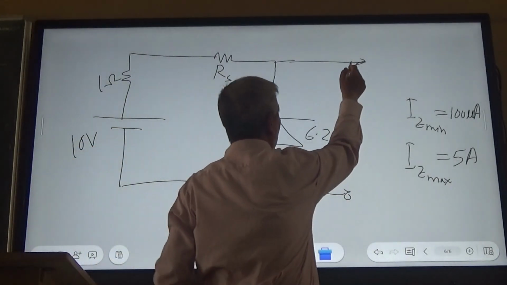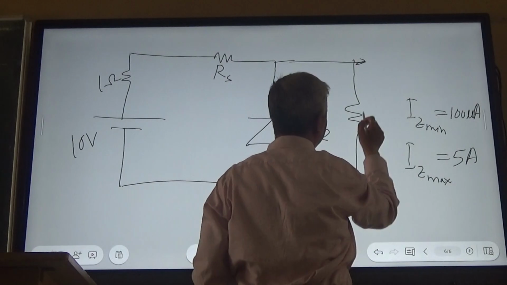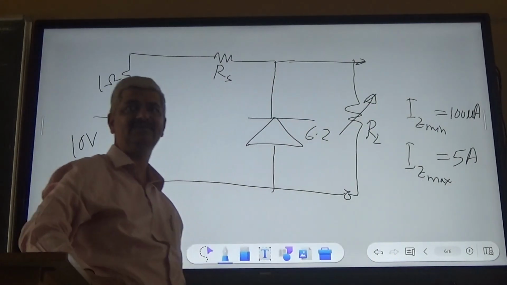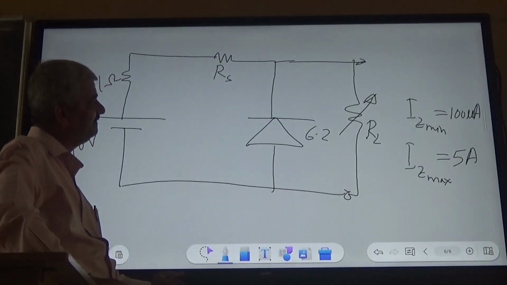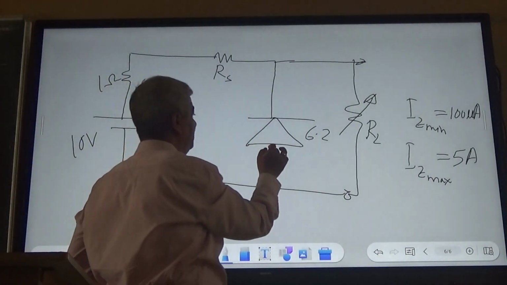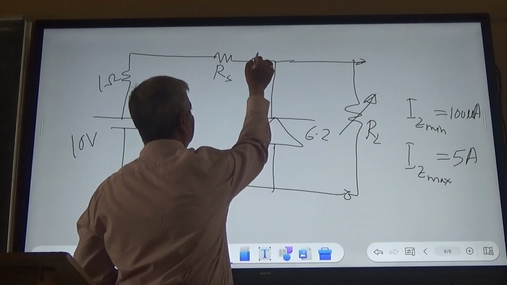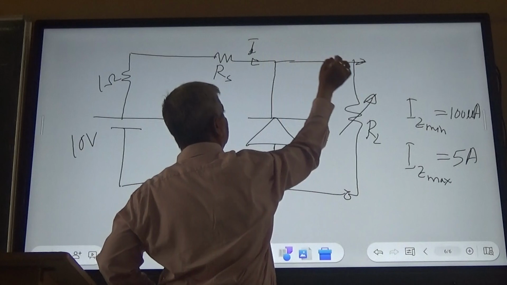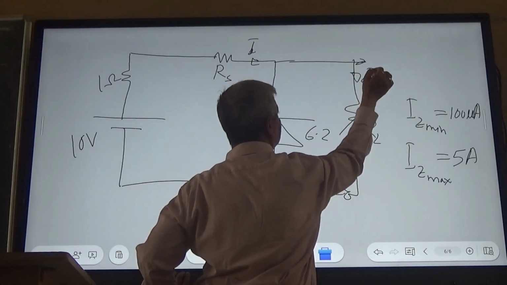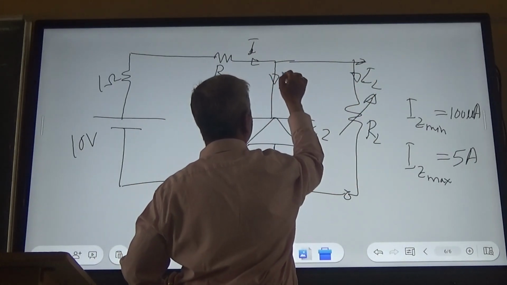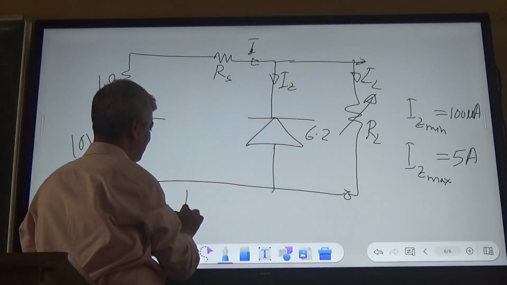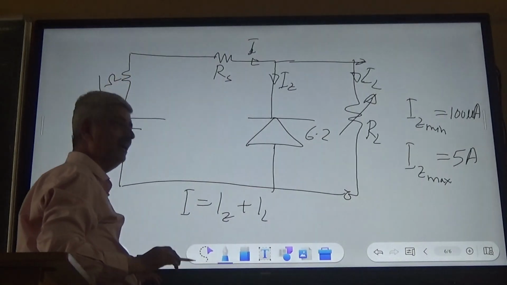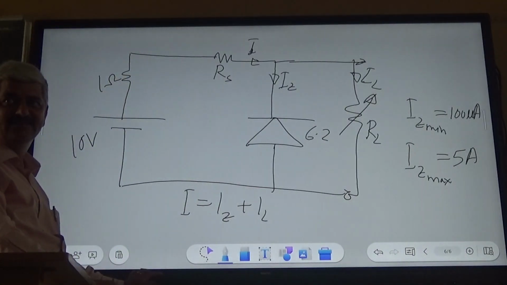When there is a load resistance R, this is I, this is IL, and this is IZ. I is equal to IZ plus IL.